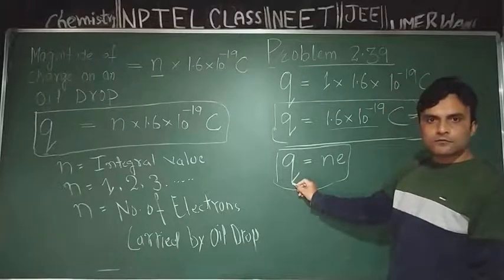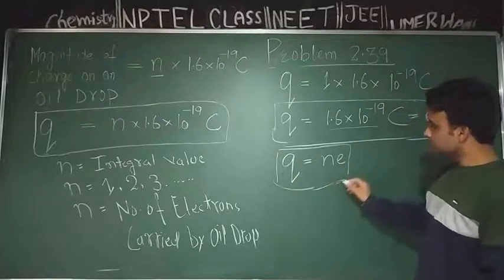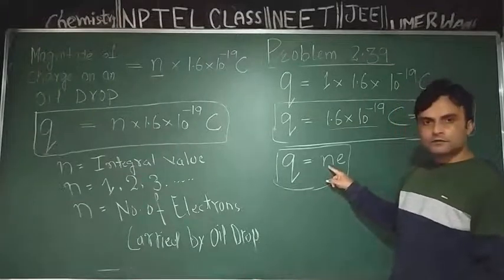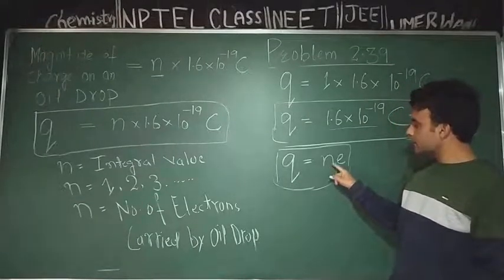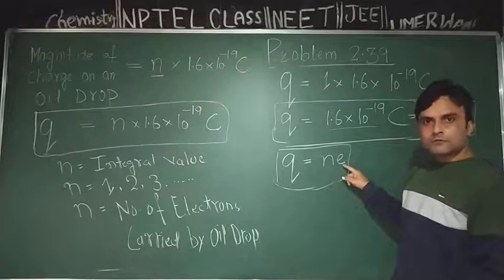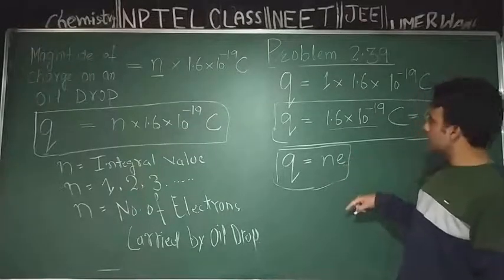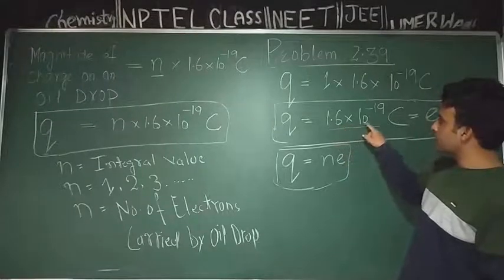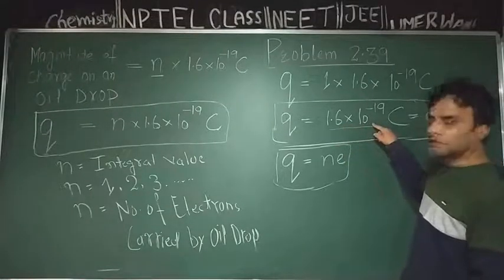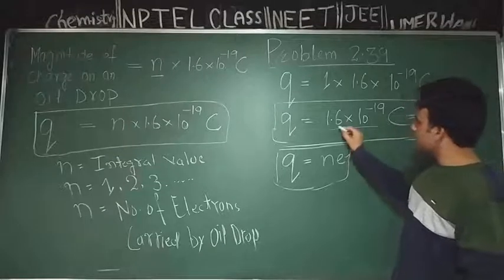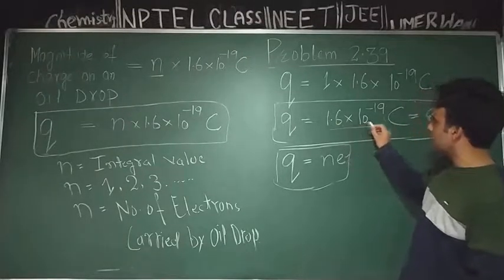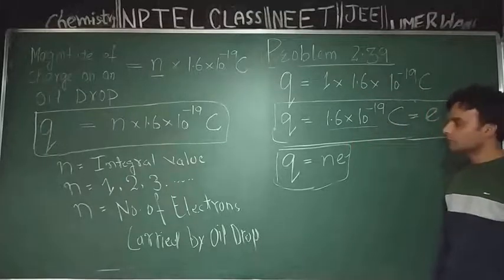Q here is the magnitude of charge carried by the oil drop. n is the number of electrons carried by the oil drop. Small e is the magnitude of charge carried by one electron, and that I calculated equal to 1.6 into 10 raised to power minus 19 coulombs. If I need to substitute the value of small e, I have to substitute 1.6 into 10 raised to power minus 19 coulombs.